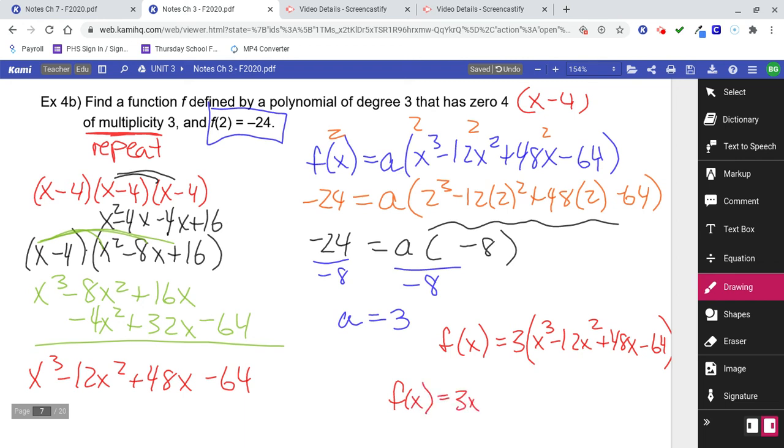So distribute: 3x cubed minus 36x squared. 48 times 3 is 144, so plus 144x. And 64 times 3 is 192, so minus 192.